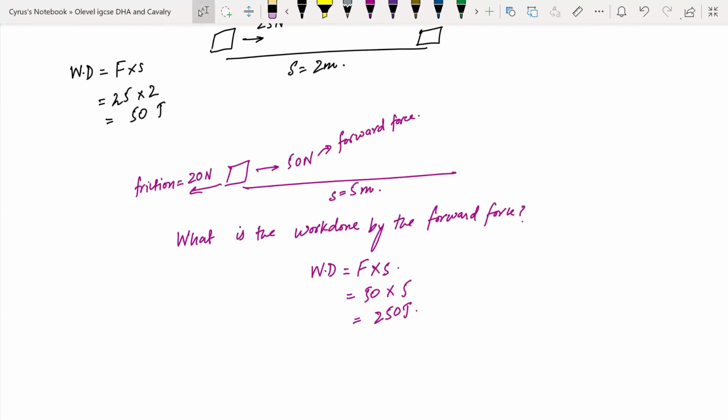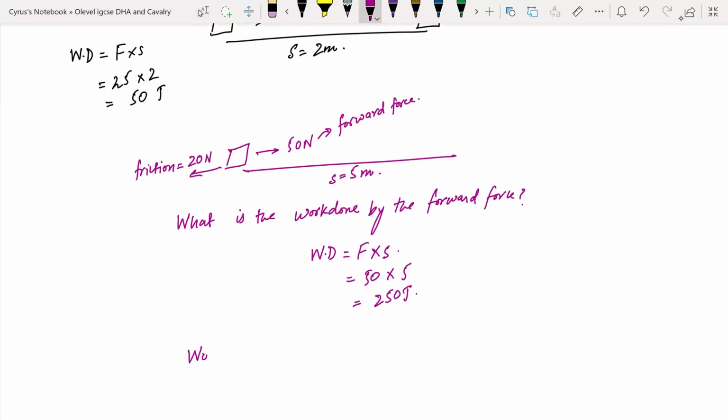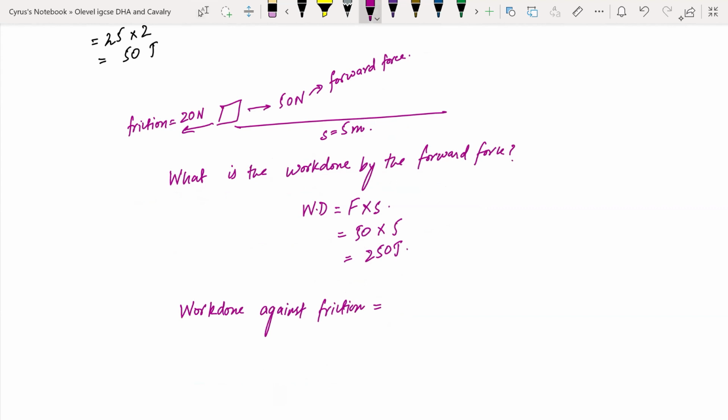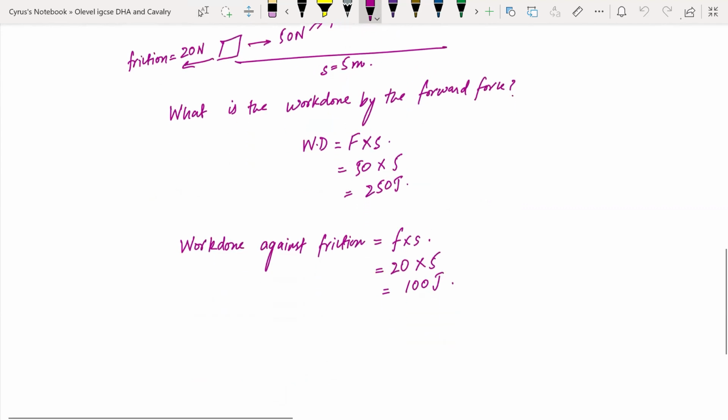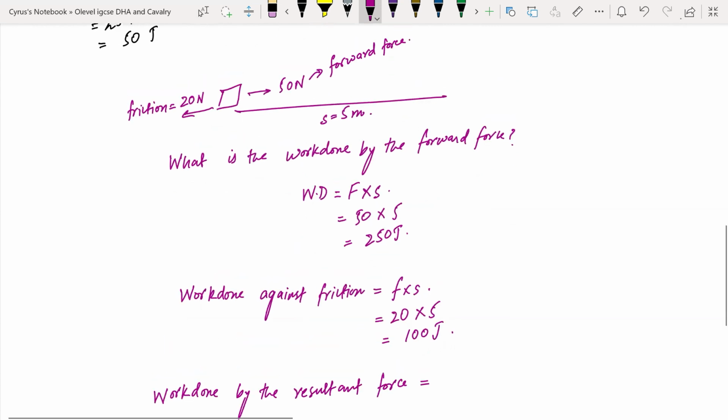And if they ask you work done against friction, so how will you write it? F 20, S is 5. So it's 100 joules. Now we will use the work done by the resultant force.